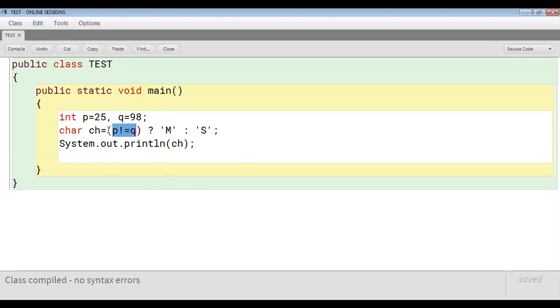You will find P is 25 and Q is 19. Is P not equal to Q? Yes, P is not equal to Q. So this expression comes out to be true.